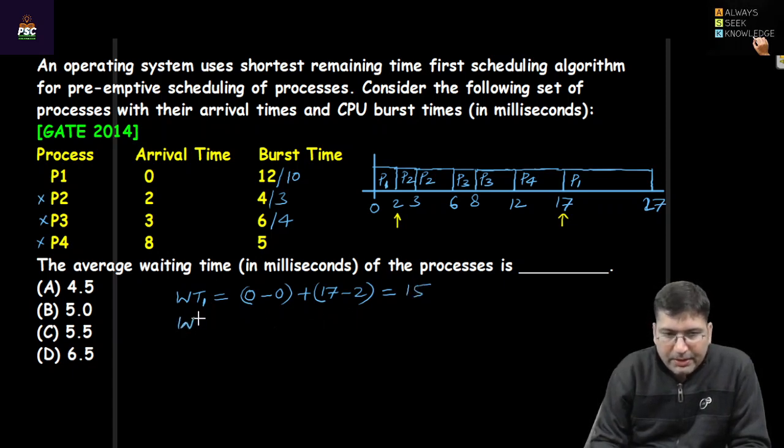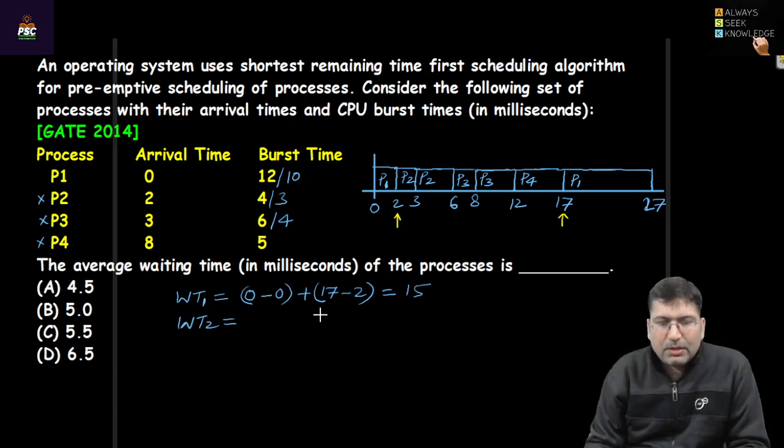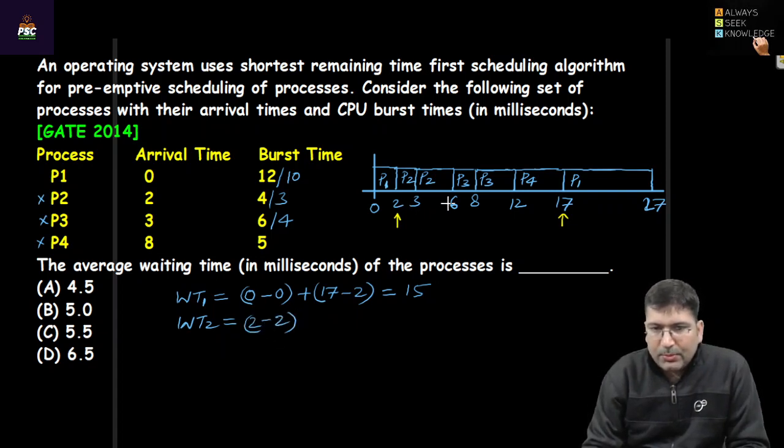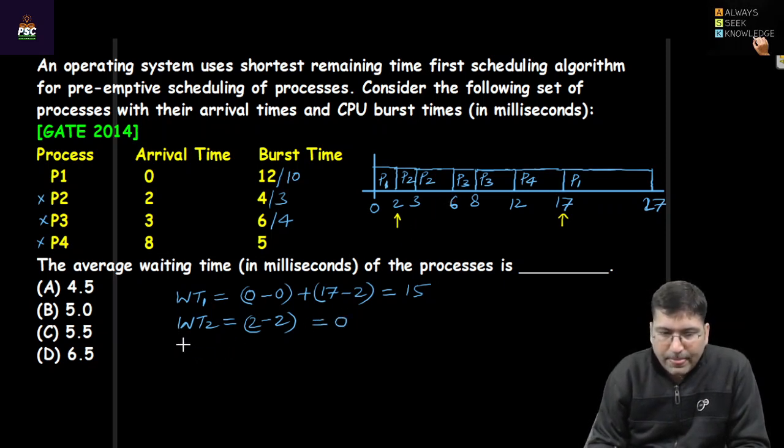Now calculate the waiting time for process 2. Process 2 starts at 2 and arrived at 2. So initially there is no waiting, and it keeps on executing and finishes its lifetime. So that means 0 waiting for process 2. Now for process 3, the waiting time: process 3 starts at 6 and process 3 arrived at 3, right?